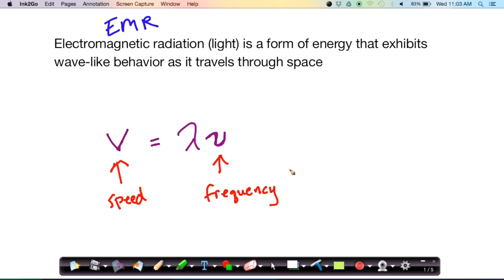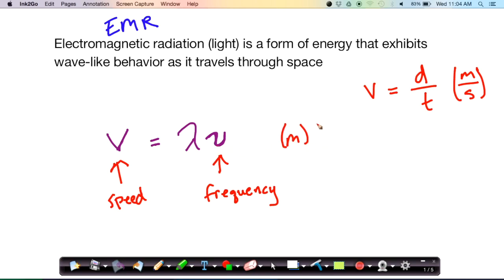So how does this equation make sense in terms of what we know about speed from math class, let's say? Well, remember that we said speed equals distance divided by time. So that could be something like meters per second. We'll take a look at what we have in the equation v equals lambda nu. We've got wavelength, which could be measured in meters or any other unit of length.